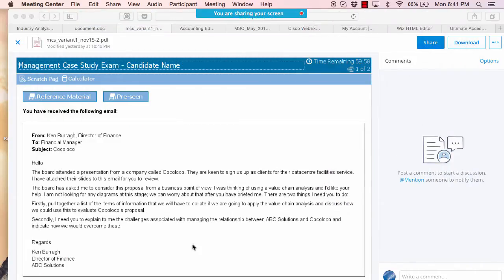Now what are they asking here? Firstly, put together a list of items of information that we will have to collate if we are going to apply the value chain analysis, and discuss how we could use this to evaluate Coloco's proposal. So, list of items. First we will talk about what the value chain gives us.